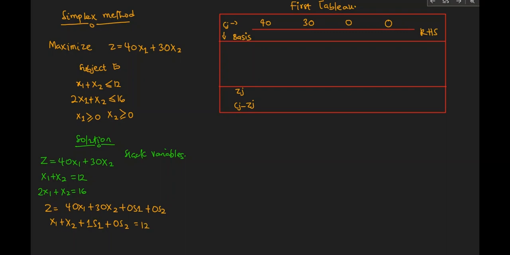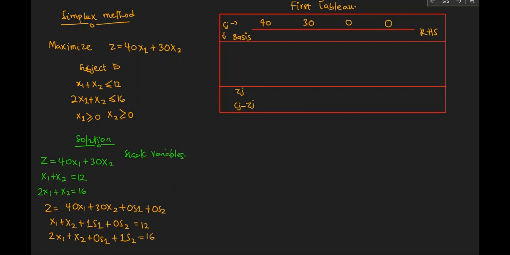For the second constraint, we have 2x1 plus x2, plus 0s1 with a coefficient of 0, plus 1s2 with a coefficient of 1, equal to 16.